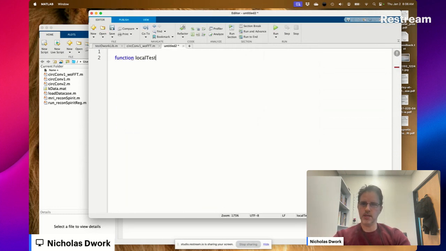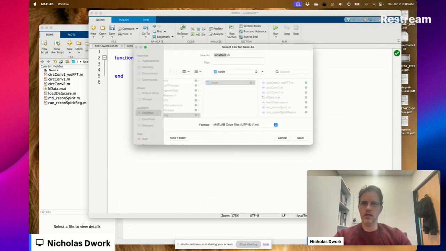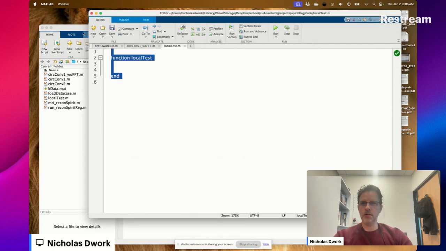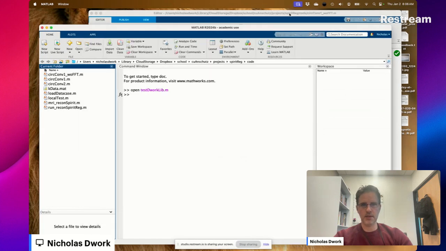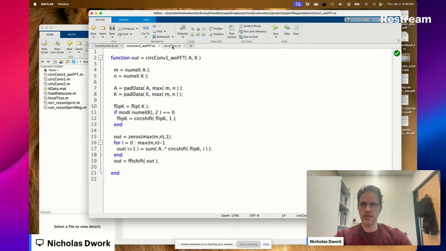Local test. Other people would probably make this a script, but I don't do that. I just make everything a function, because I don't like when things hang around. I understand functions.